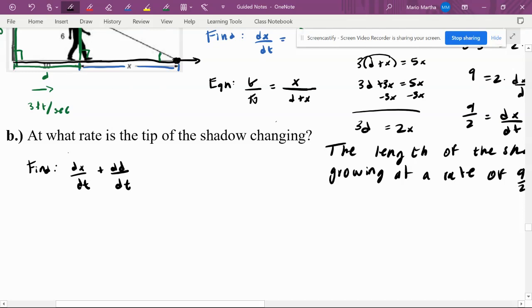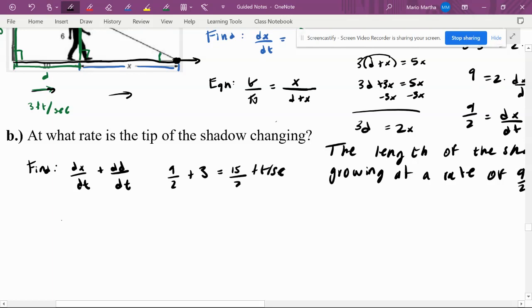And in order for us to do that, we have to figure out how fast this is changing, which we already know. We also know how fast this is changing, right? So all we have to do is a substitution, because the first one is moving at 9 over 2 feet per second, and the second one is moving at 3 feet per second. That would give us 15 over 2 feet per second.